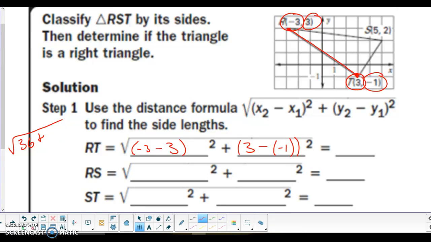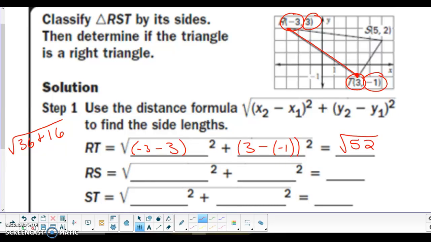Plus, and then 3 minus -1. 4 squared is 16. 36 plus 16 is? The square root of 52.